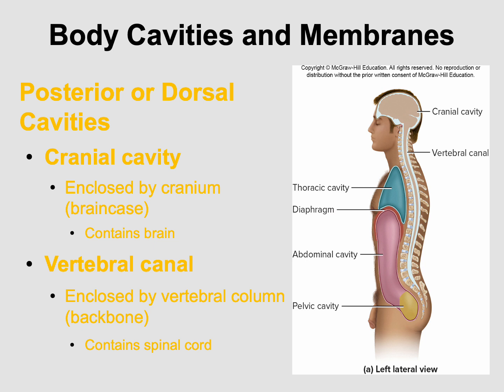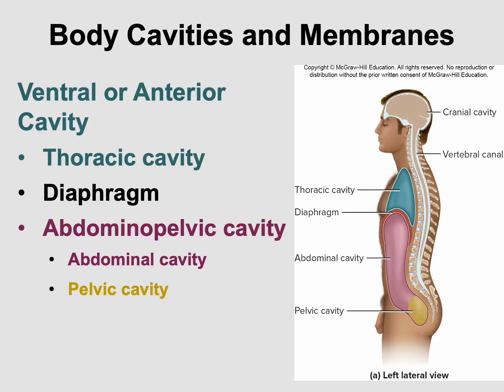The vertebral canal is enclosed by the vertebral column, and that's the backbone or the spine, and it houses the spinal cord. Next we have the ventral or anterior cavity, and here we have the thoracic cavity and the abdominopelvic cavity. Those two are separated by the diaphragm muscle.